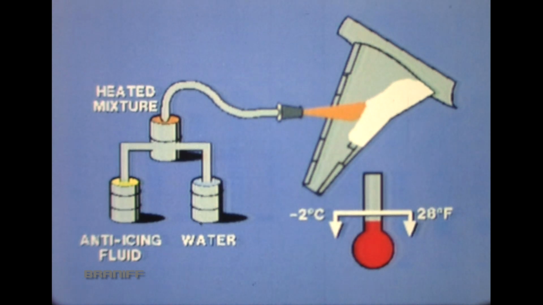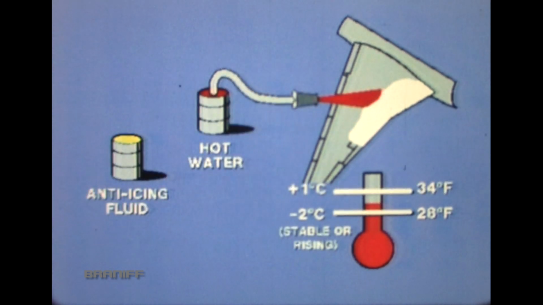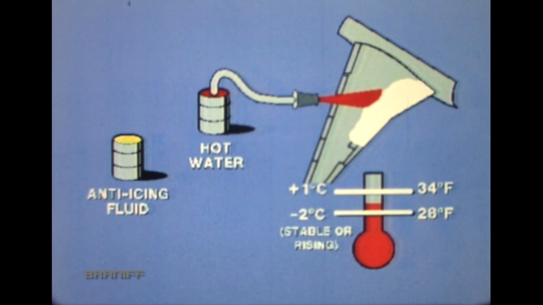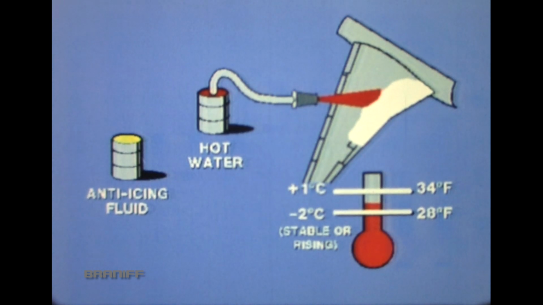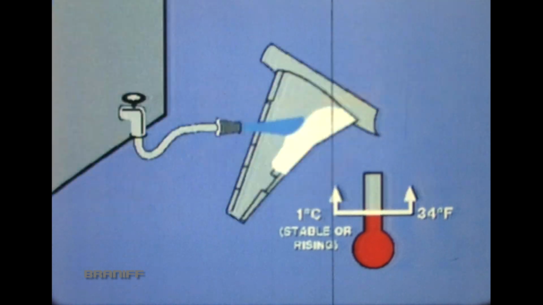When applying de-icing fluid below -2 degrees centigrade, heated de-icing fluid must be used. With the temperature between -2 and +1 degree centigrade, use either heated de-icing fluid or hot water. If hot water is used, it must be followed immediately by an application of anti-icing fluid.